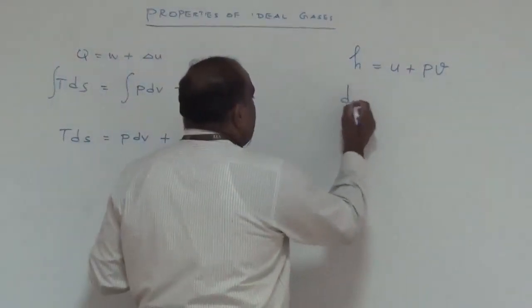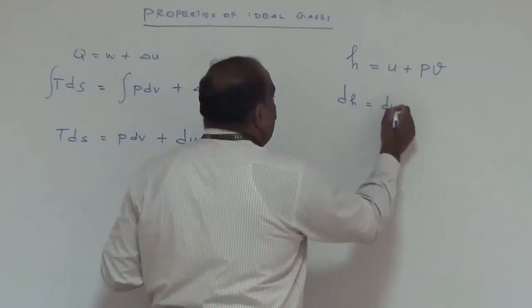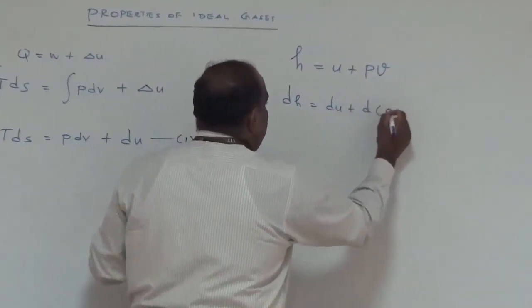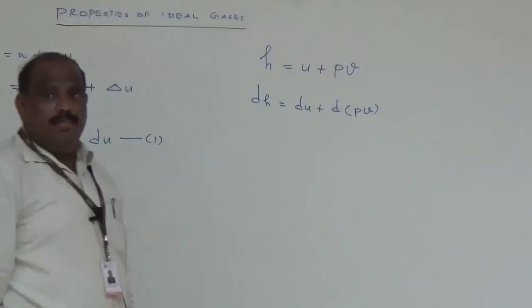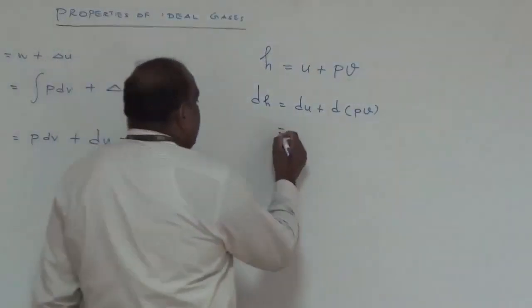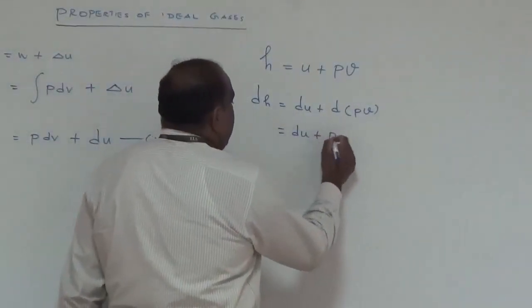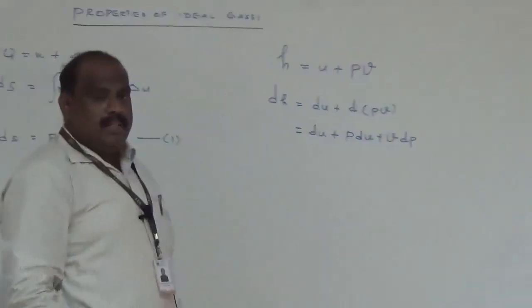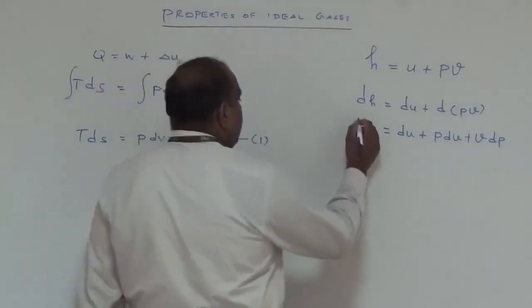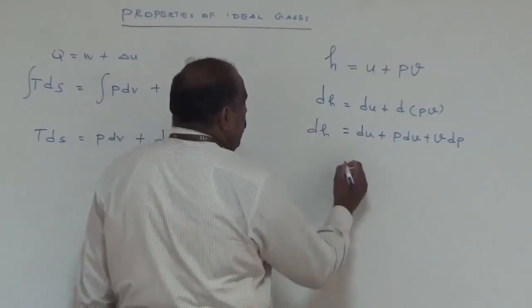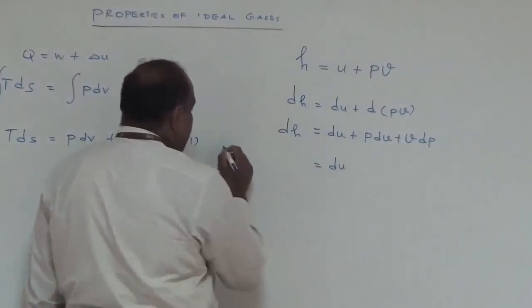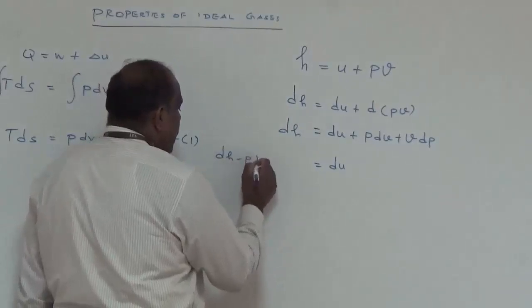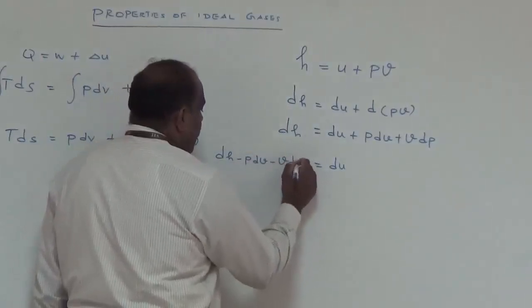Now I want dH. dH will be equal to dU plus d of PV, isn't it? So I will end up with dU plus PdV plus VdP. So it's dH. Now from this, dU will be equal to dH minus PdV minus VdP.